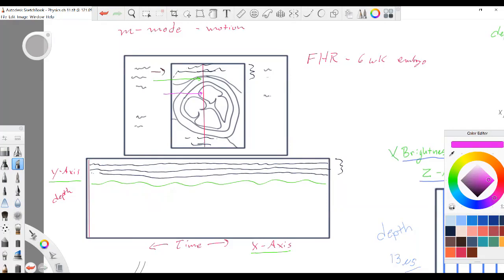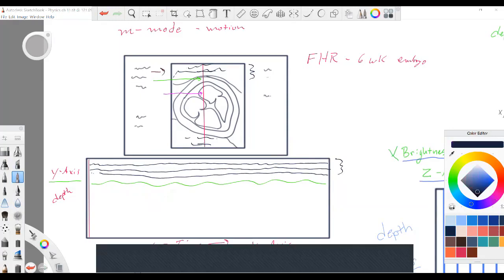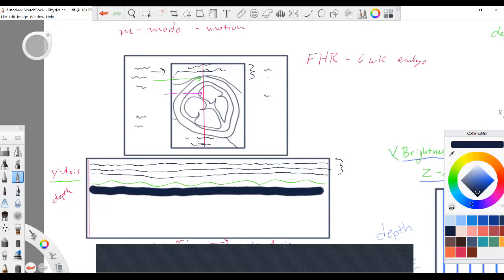How do I draw just blood in? That's going to be represented by pretty much nothing. There are no echoes coming back in the blood inside the atrium, so you really get nothing.